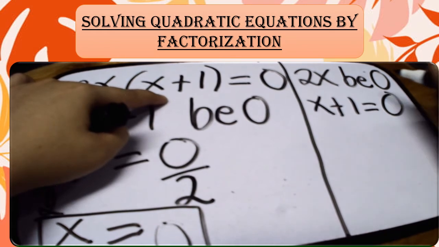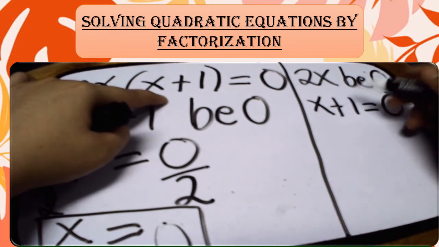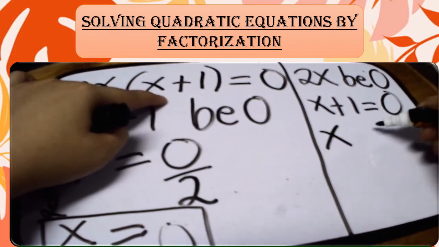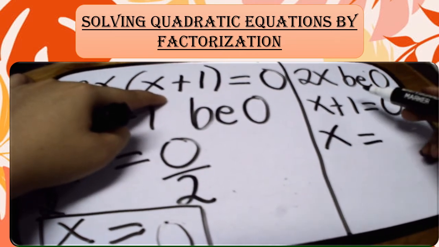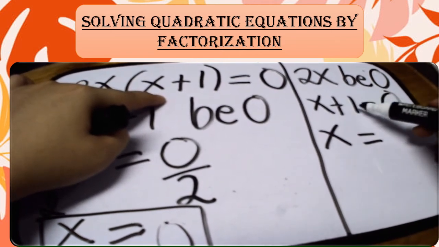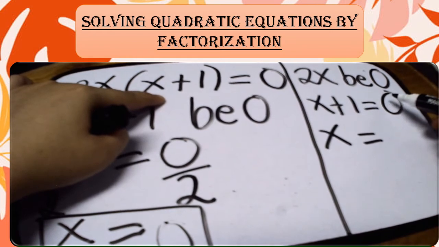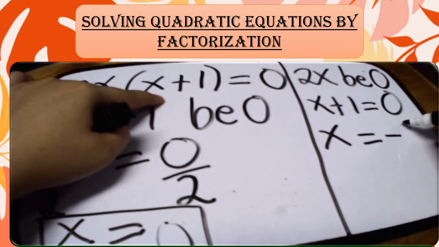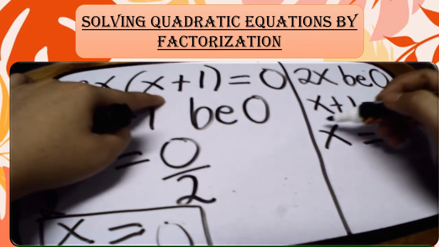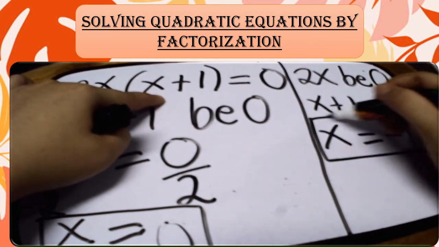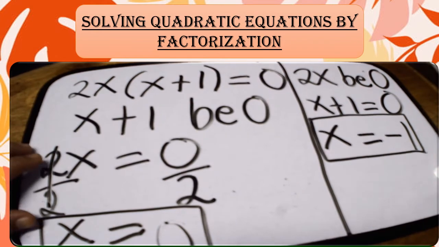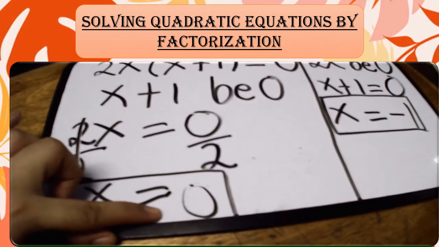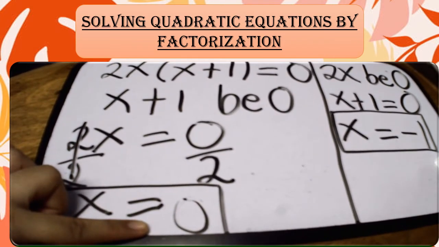Next, transpose positive 1. If we transpose, it will change the sign, so it will become negative 1. Therefore, the values of x are 0 and negative 1.